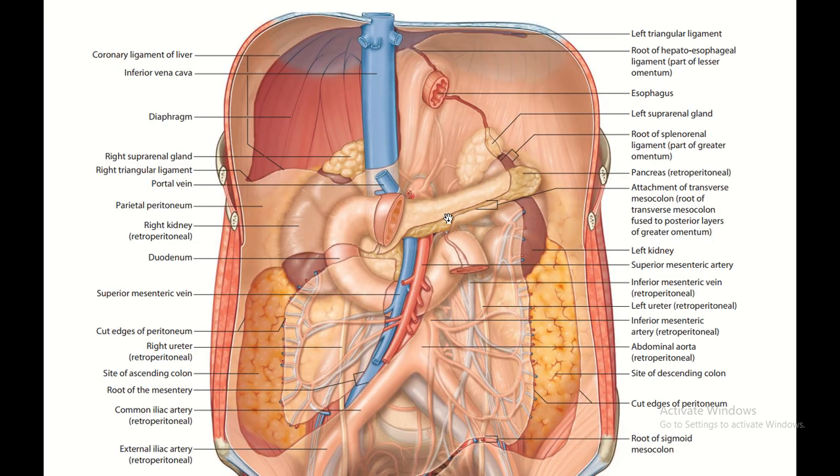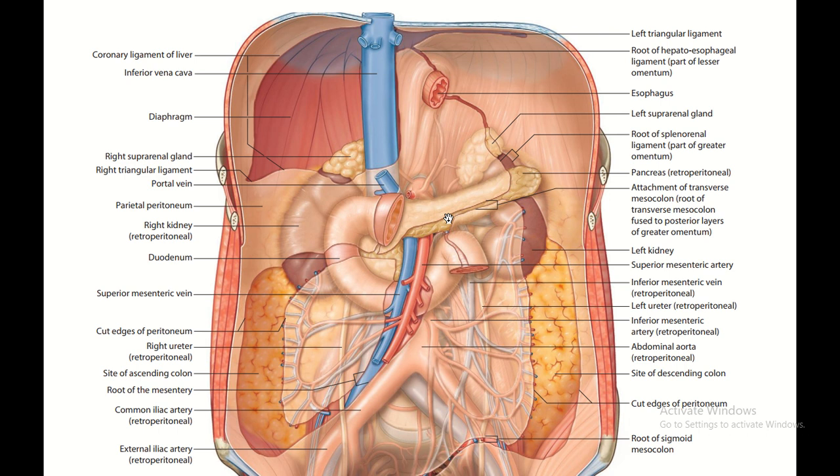Now let's take a look at the anterior relations of the kidney. Since the kidney is posterior, you're going to have a lot of viscera that attach to it.